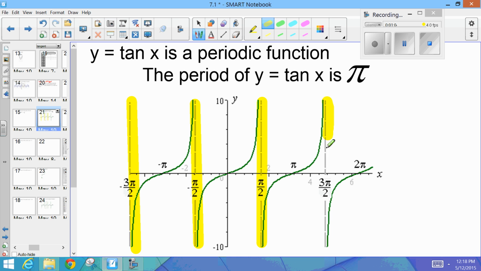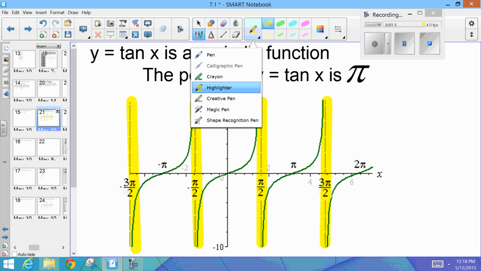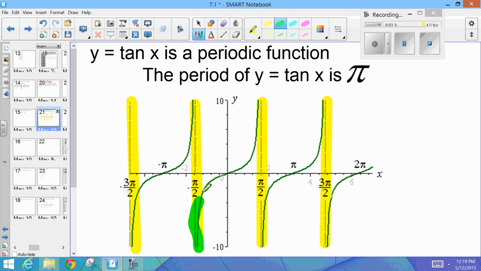There's a vertical asymptote for tangent at every odd multiple of pi over 2. And we've got a continuous function in between those two vertical asymptotes. In just a second, we're going to create this from scratch.